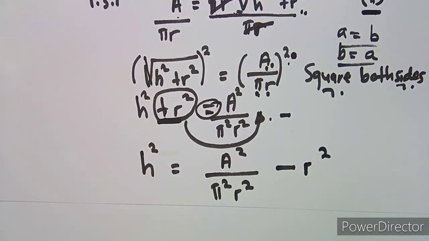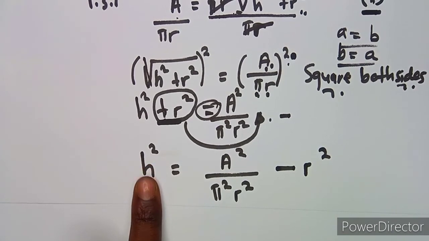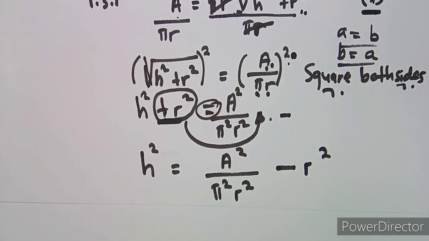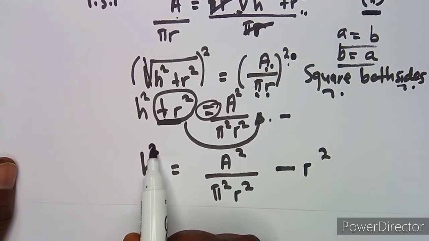Now h is alone, but it's affected by a square. That one is affecting h, because we do not want an expression for h squared, we want an expression for h. So what are we going to do? We introduce the square root.